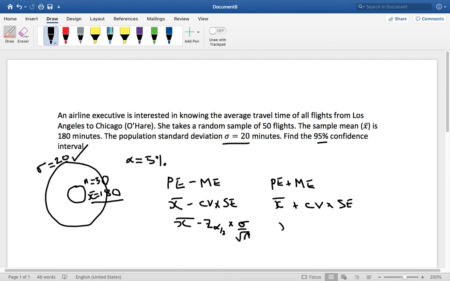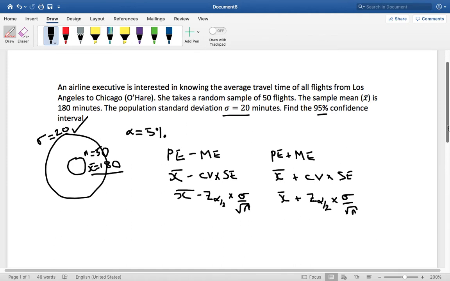And similarly on this side, it's going to be the same thing except with the plus sign, plus Z of alpha over 2 times the standard deviation over the square root of the sample size. So X bar is 180, sigma is 20, the sample size is 50. Doesn't look like a 50, but it's a 50. And so the only thing we need to work out is this Z of alpha over 2. We know the rest of the information.